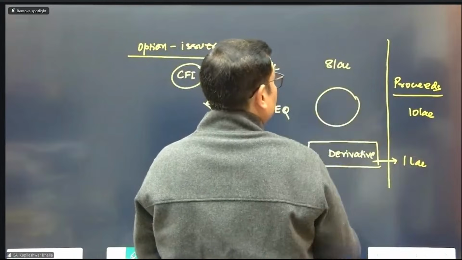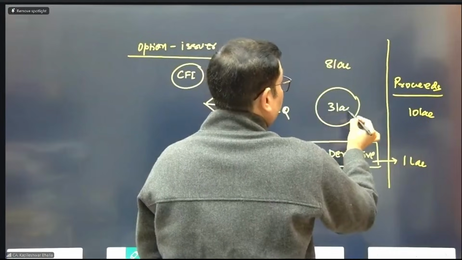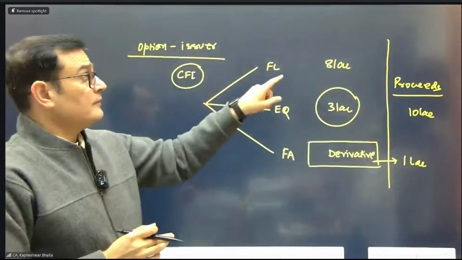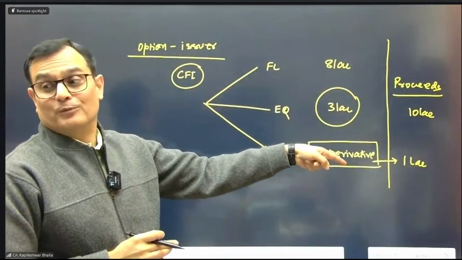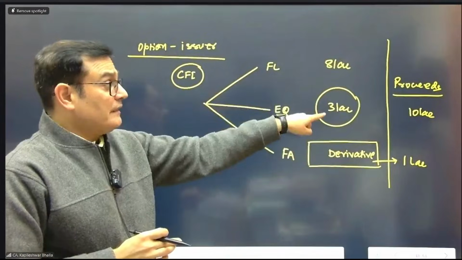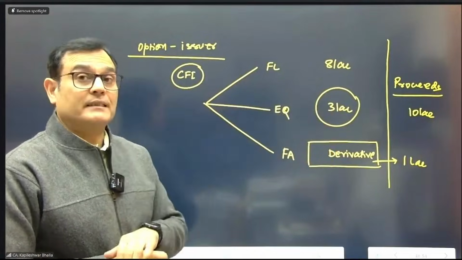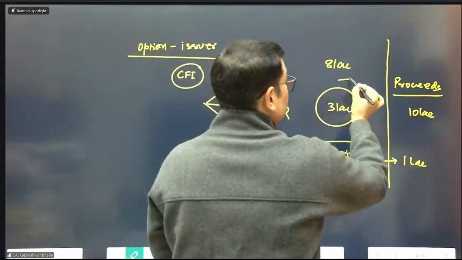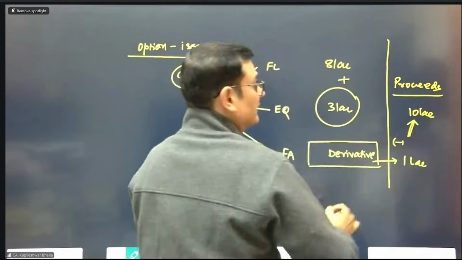So your equity becomes a balancing figure, and this balancing figure is going to be 3 lakhs. 8 plus 3, 11, minus 1, 10. I hope you got the point. So 8 plus 3, 11, that's on the liability side, minus 1, that makes it 10. That's how you're going to get the proceeds of 10.